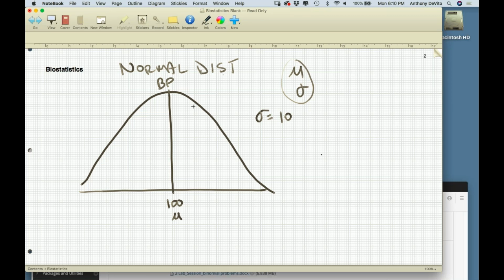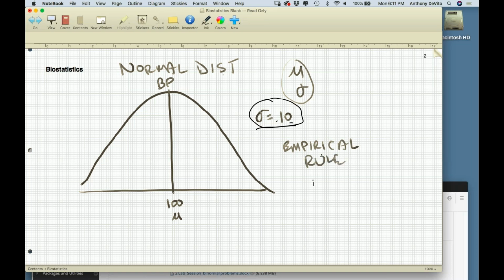Okay, so let's take a look at this. One of the things that we know about normal distributions is that the standard deviation describes the spread of the values inside this distribution. I can tell you, for instance, that we have a rule called the empirical rule, or the empirical formula.